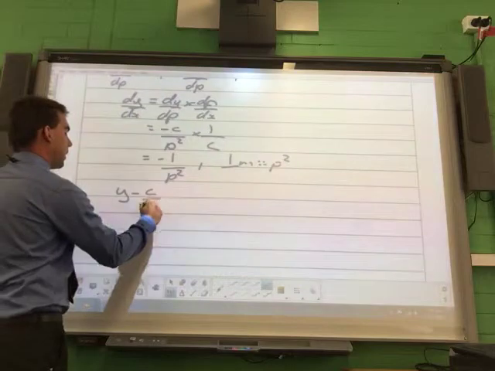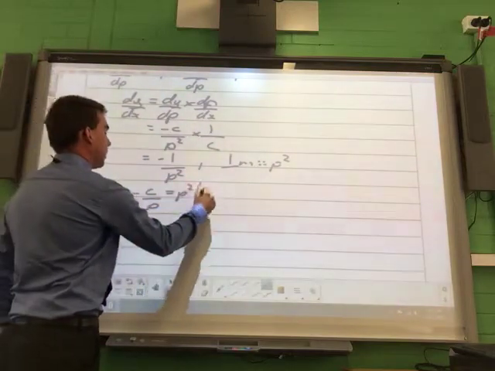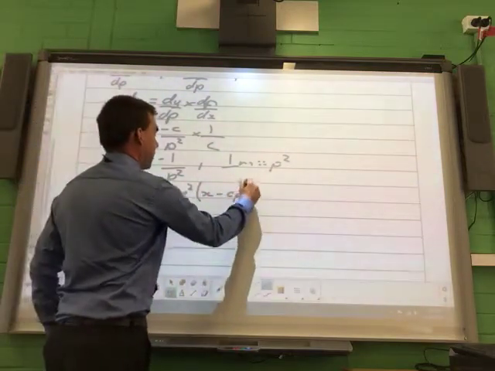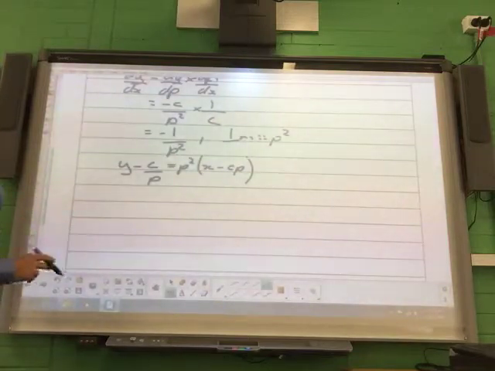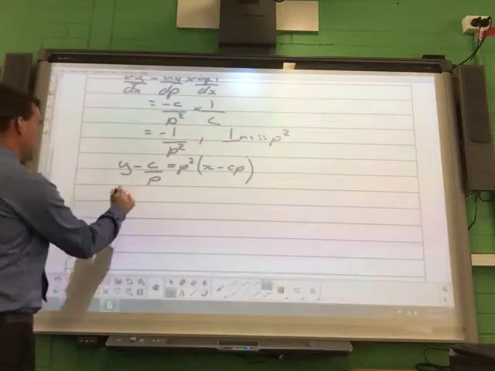y take away c over p equals p squared times x minus cp, using your point in parametric form. Right, so expand the whole thing out.